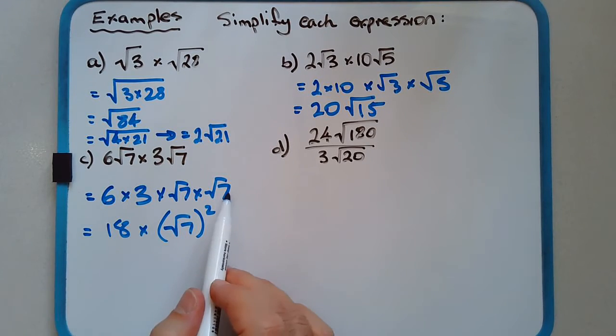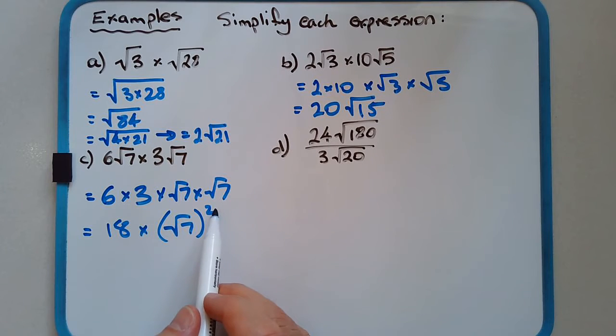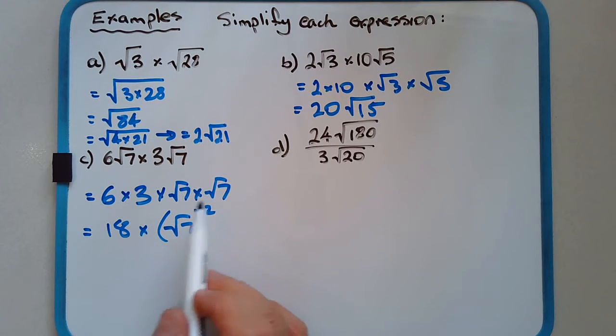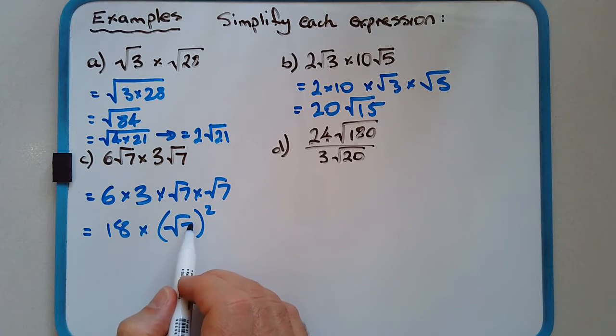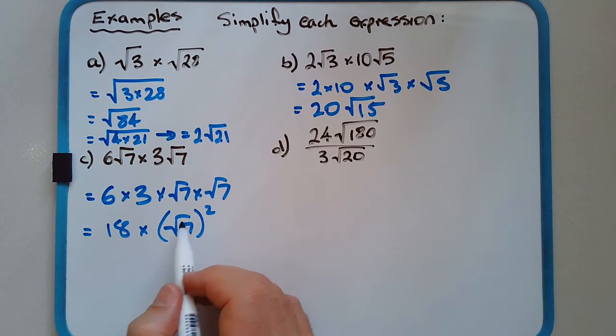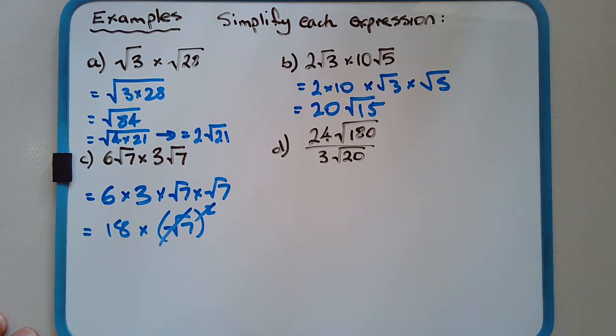Right? So root 7 times root 7 is root 7 all squared. Now we've seen this before. Okay, in fact we've discussed this in a previous video. That's 7 to the half squared. So you don't have to show the surd and the square symbol there. So that's really 18 times 7, which is equal to 126.